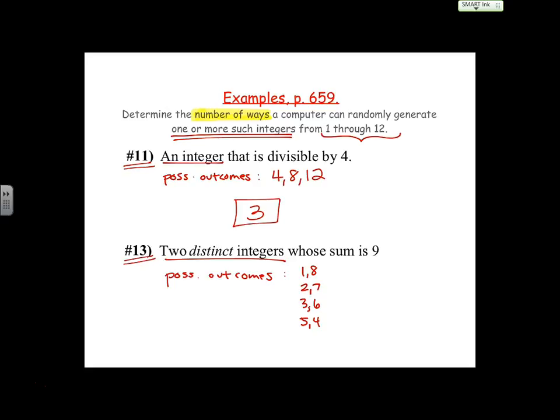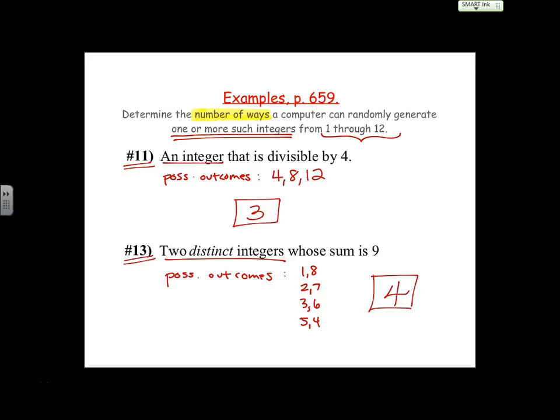But the question is, would 8, 1 be a different set of integers? Would it be a different set of integers? No. Would it be a different order? Yes. Or would it be a different set? And the answer is no. So we're still going to say how many possible outcomes are there? 4.